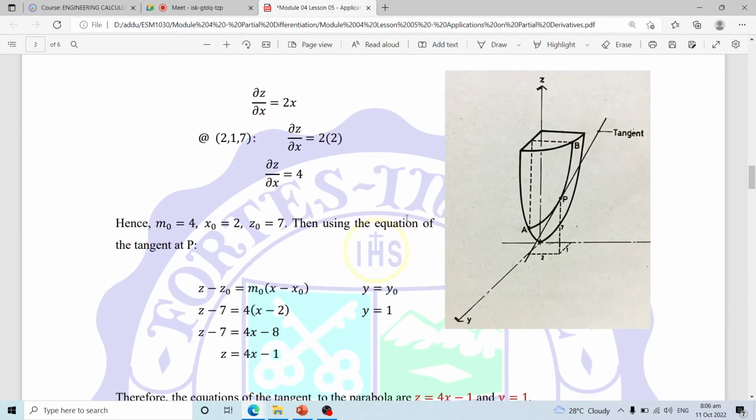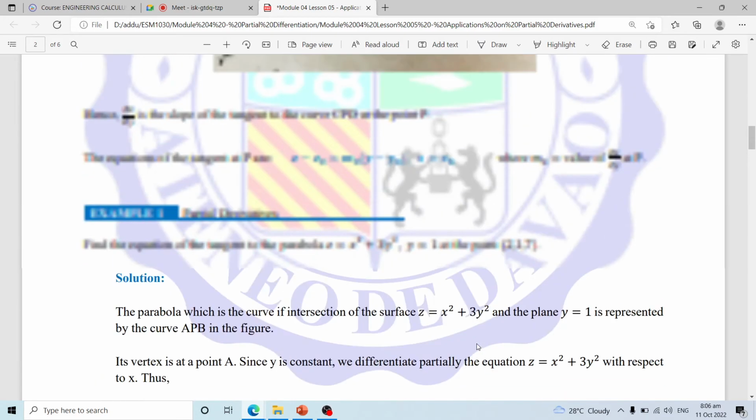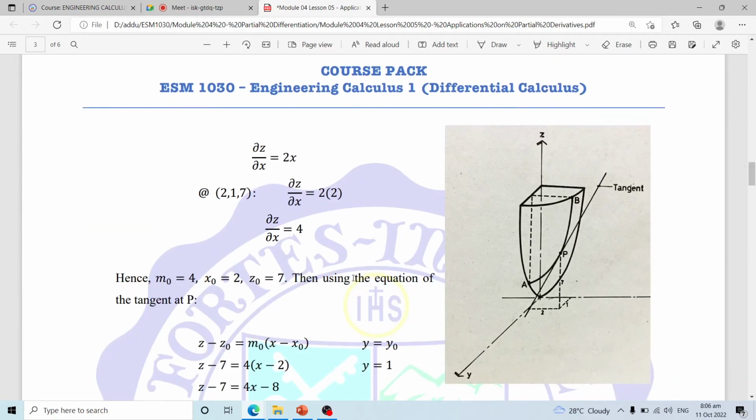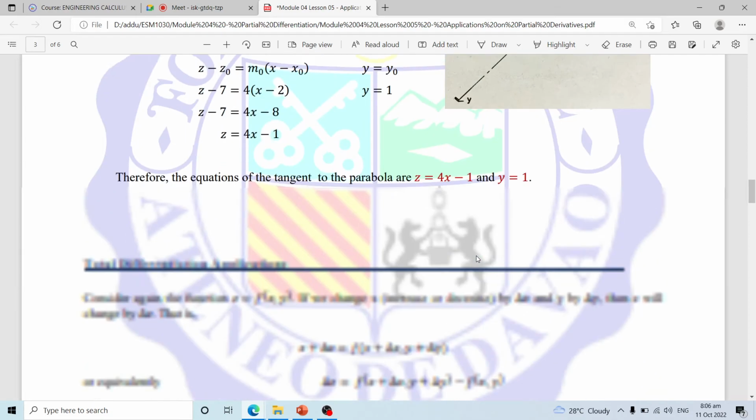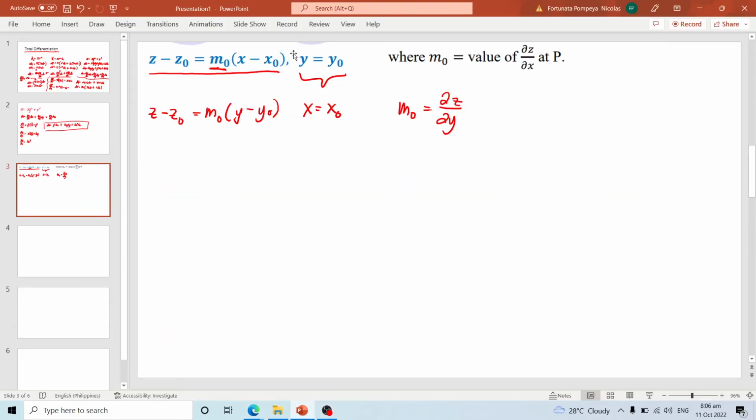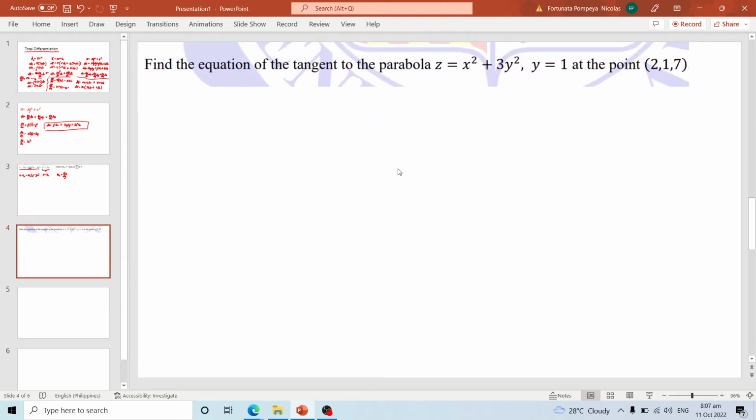So, given z is equal to x squared plus 3y squared, y is equal to 1 at point 2, 1, 7.